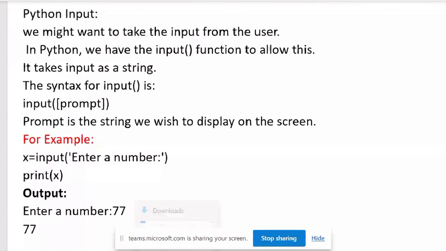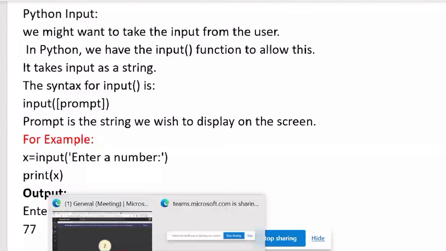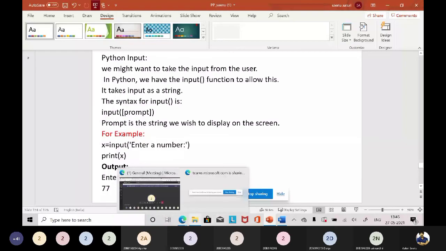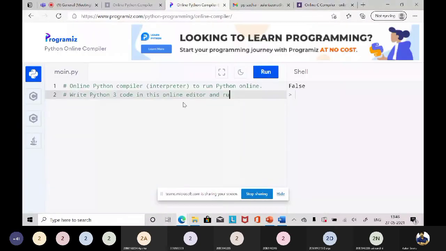Then I'll show you the different kinds of output methods. First I'll just show you that, if your screen is updated. Okay, so let me take this.